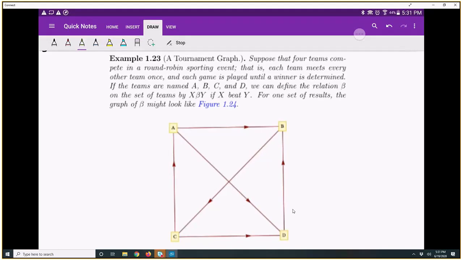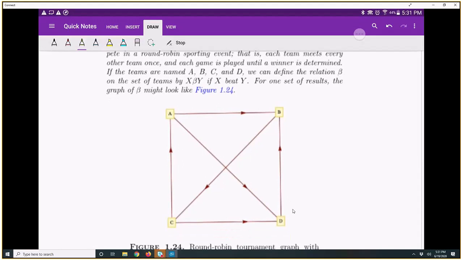So if the teams are called A, B, C, and D, and we label our vertices A, B, C, and D, then we can define the relation where X is related with Y if X has beaten Y. So we need these directed edges. If we call this relation beta, then we would write X beta Y for X relates Y, and that would mean that X has beaten Y.